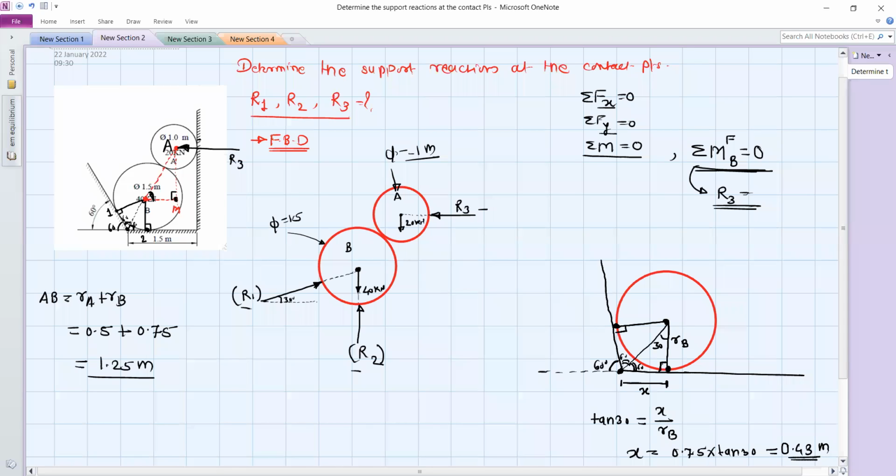This distance is required in order to find the distance BM. Here you can observe from this point up to this vertical wall, the total distance is 1.5.